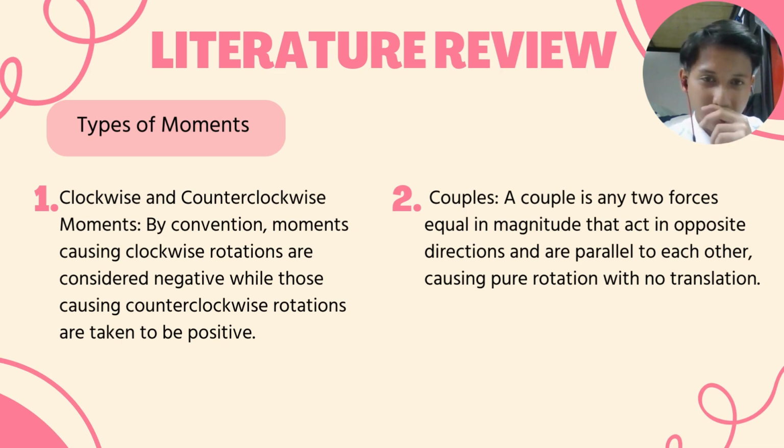The second one is the couple moment. A couple is any two forces equal in magnitude that act in opposite directions and are parallel to each other, not in the same line, causing pure rotation with no translation.